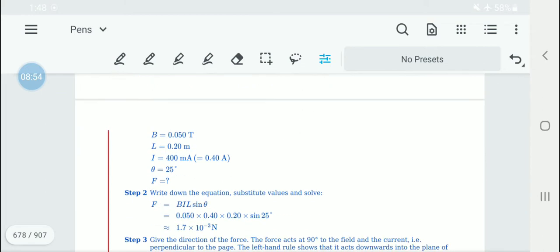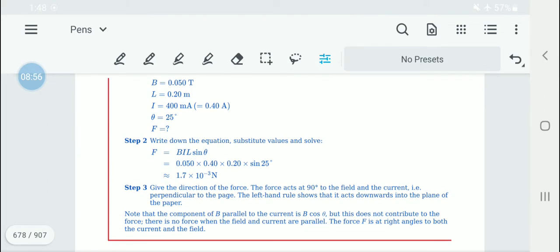B has been given as 0.05 T. L is 0.2 meters. Be very careful when figuring out L. This L refers to the length of the wire in the field. Then I has been given as 0.40 amperes. Convert that: 400 milliamperes is equal to 0.40 amperes. Then theta is 25. They are asking for F.